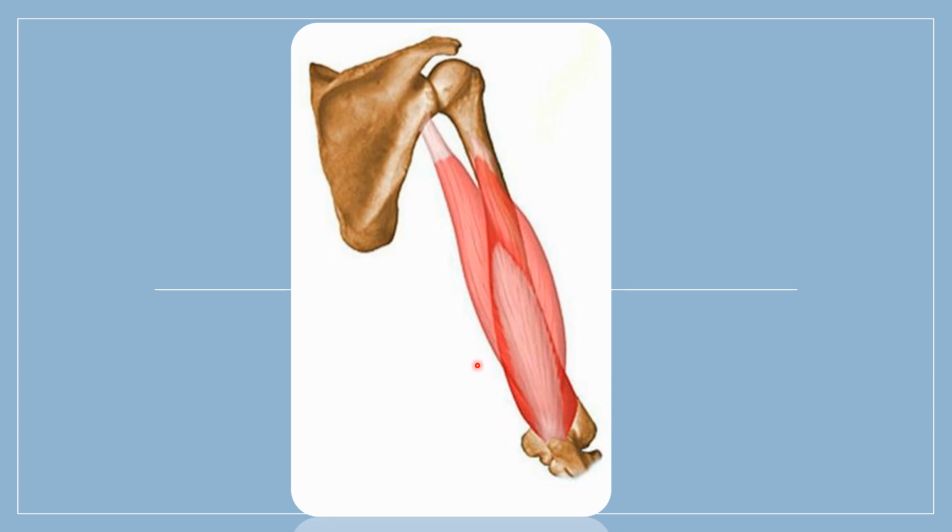These three heads of the muscle get inserted into olecranon process of ulna. It is supplied by radial nerve and the action is it produces extension of elbow joint. So these are the things we have seen about triceps muscle.